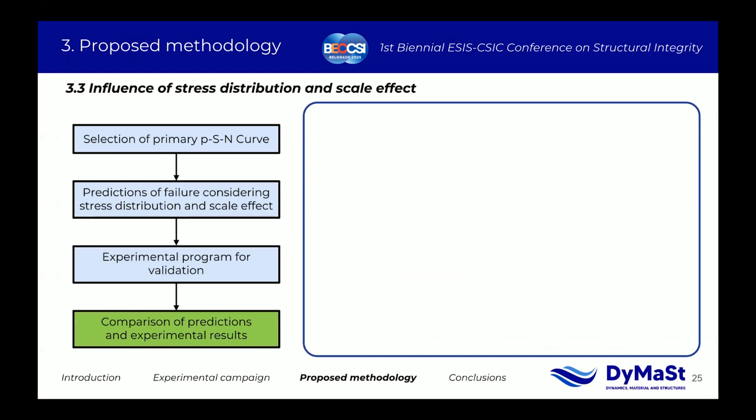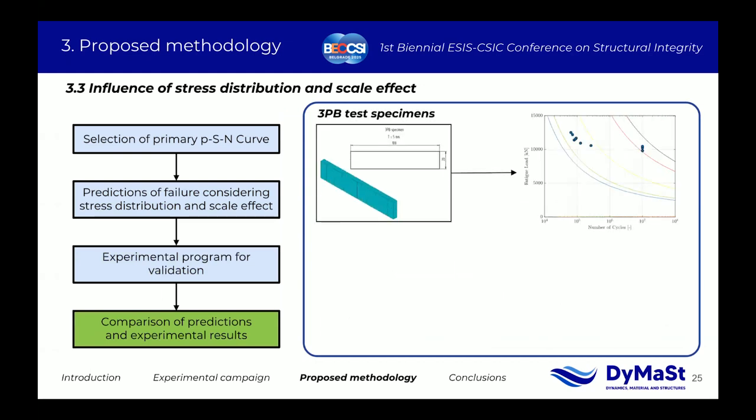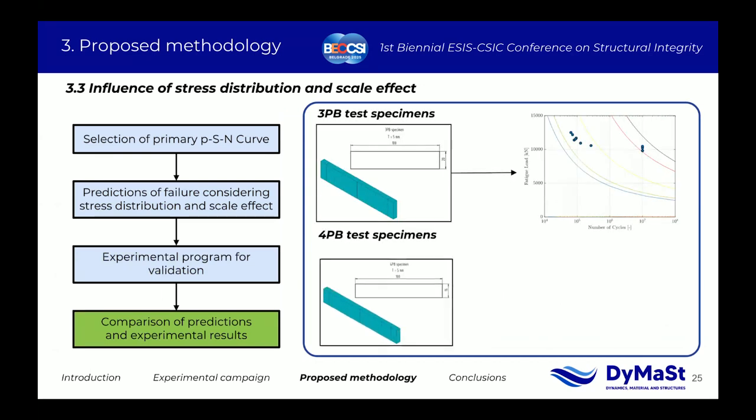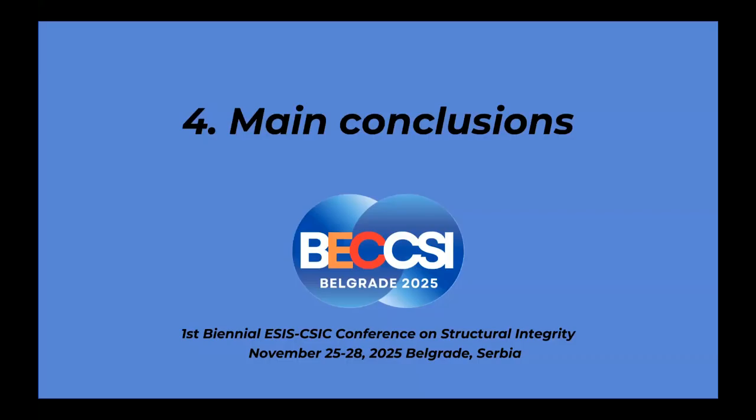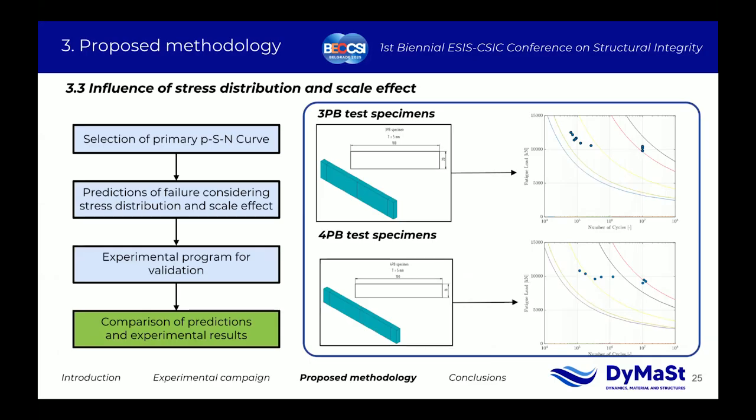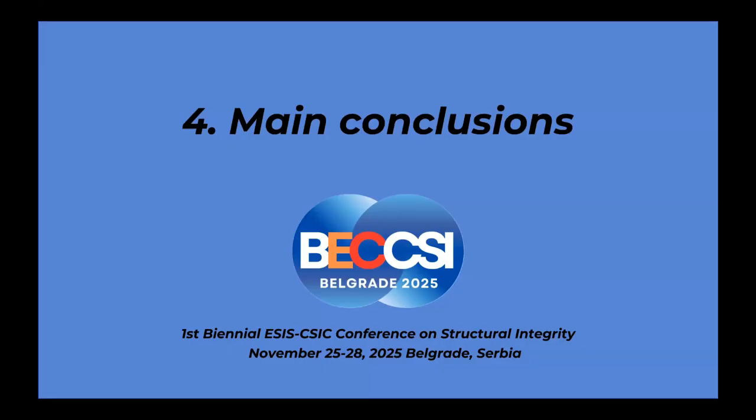Now let's see the comparison between the experimental results and the predicted SN field, where we can see that the results and the predictions are more or less in agreement. Although I would like to say that in this case we have assumed a linear model, and maybe we have to take into account some plasticity, for example, in the finite element simulations.